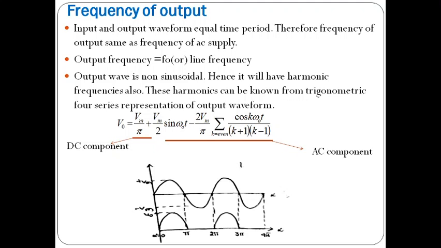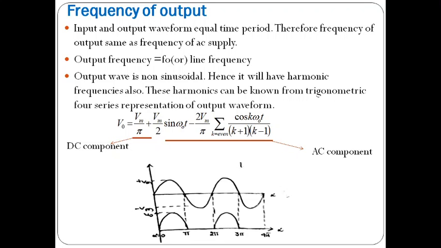The input and output waveforms have equal time periods. You can observe 0 to 2π and 0 to 2π; they have the equal time period. Therefore, the frequency of the output is the same as the applied AC frequency. Whatever AC signal frequency we apply, that same frequency will appear at the output also.